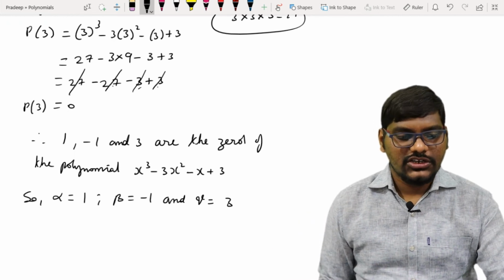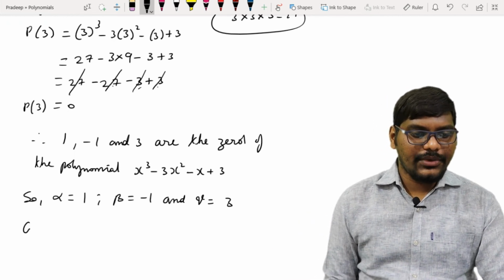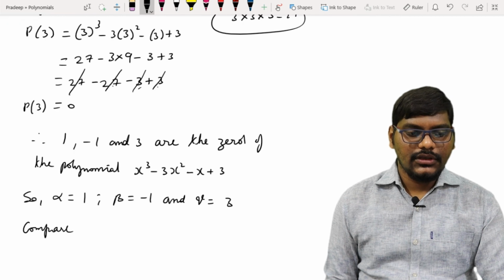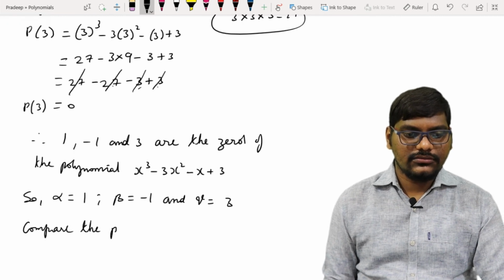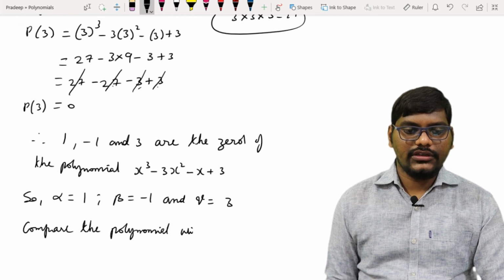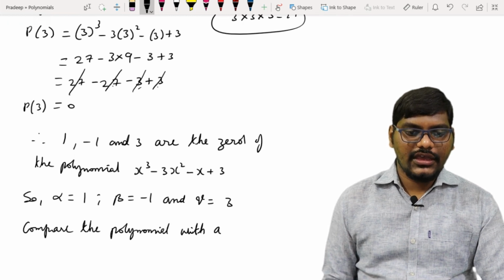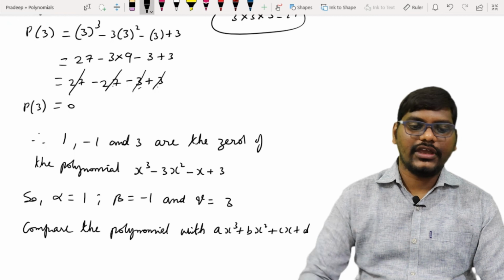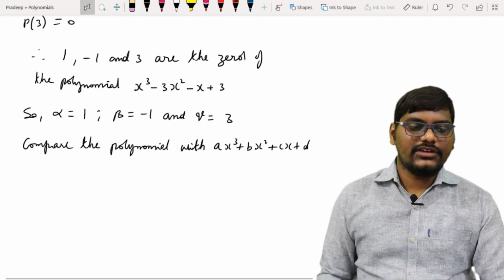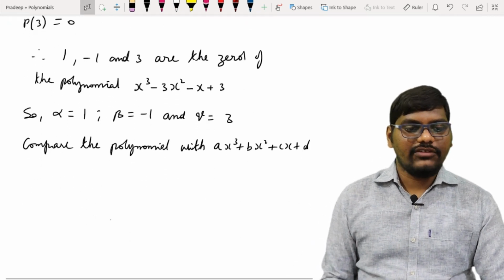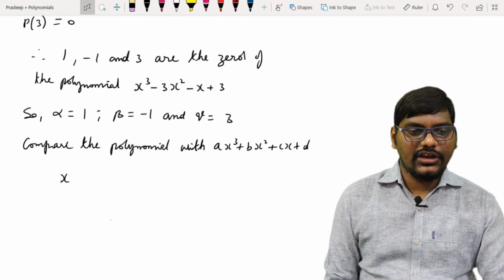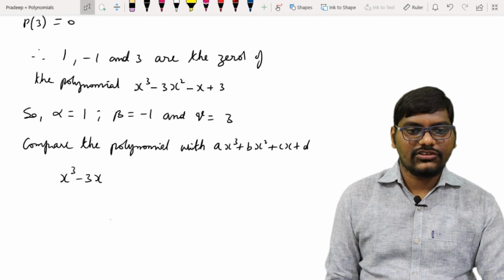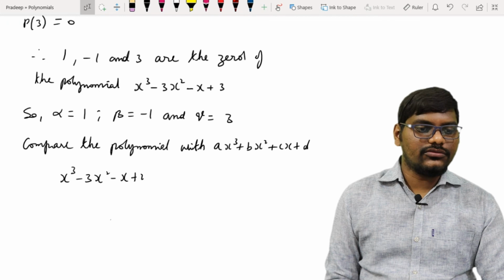So I can write here, compare the polynomial with ax cube plus bx square plus cx plus d. Okay, so let's see what we get. The given polynomial is x cube minus 3x square minus x plus 3.